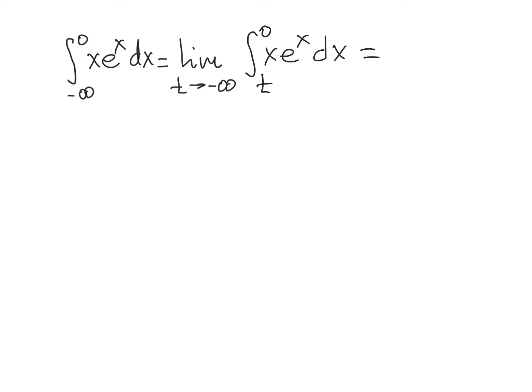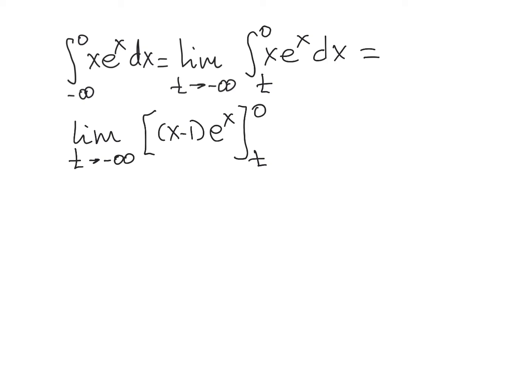And we just found this antiderivative, so this is the limit as t approaches negative infinity of x minus 1 times e to the x evaluated from t to 0. So let's plug in 0 first. That gives us 0 minus 1, which is minus 1 times e to the 0. So minus 1 times 1, which is negative 1.